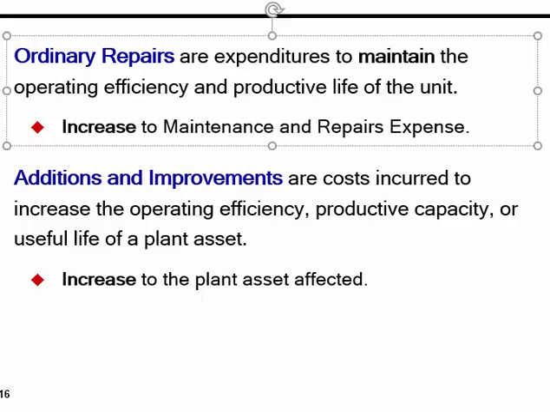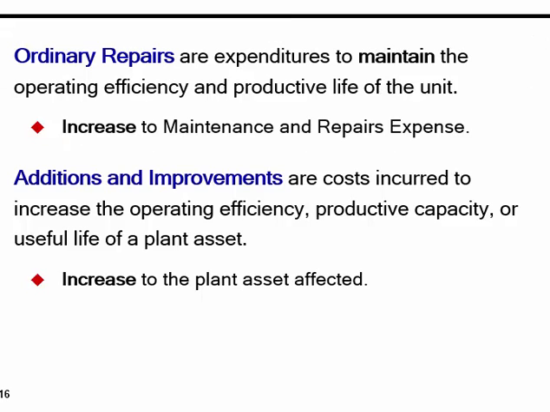Alright, so we've now talked about this capitalization or capital expenditures of our assets. So when we replace those saw blades like I mentioned to you earlier, we said revenue expenditure instead of capital expenditure. Those saw blades are kind of like an ordinary ongoing type of expense that a company may have. There can be other types of ordinary repairs and maintenance during a period of time.